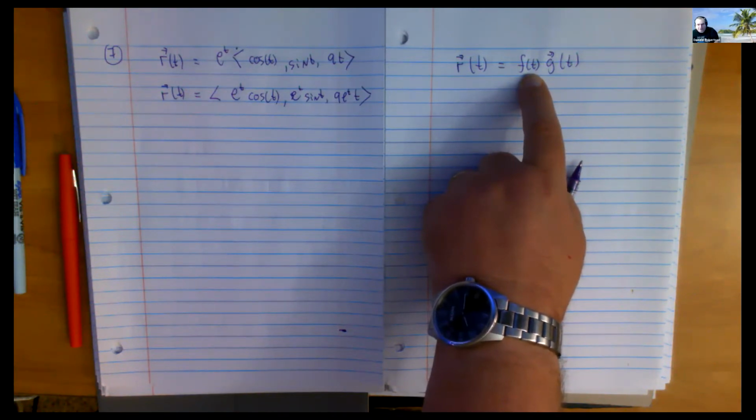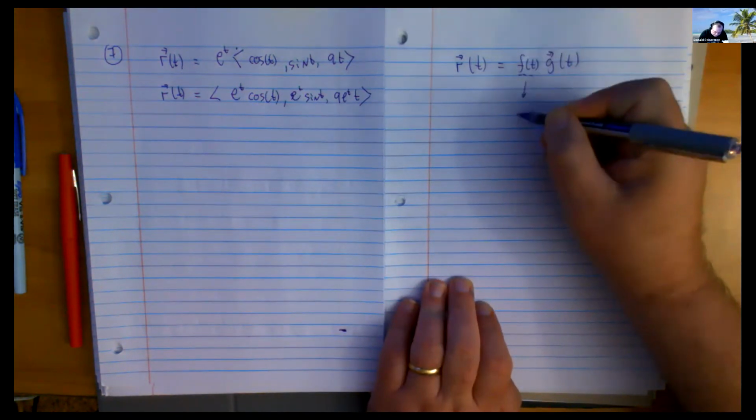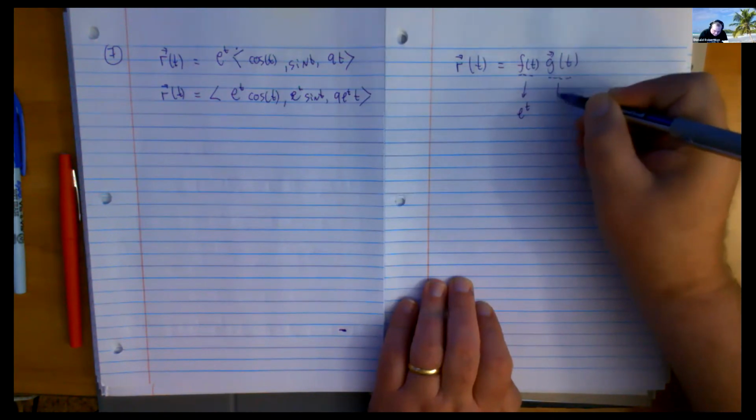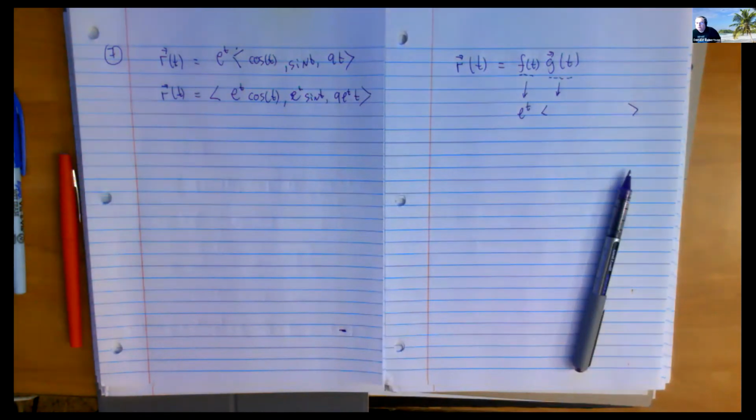It's just a normal thing. That guy there is e to the t. This fella here, on the other hand, is a vector. We are going to be differentiating here. To get the velocity, I'll differentiate it once. To get the acceleration, I'll differentiate it a second time.